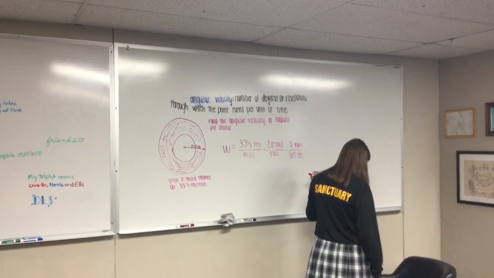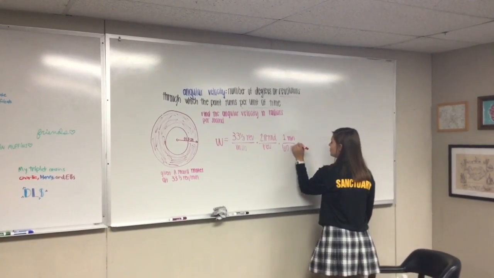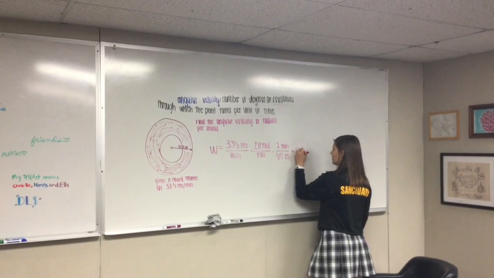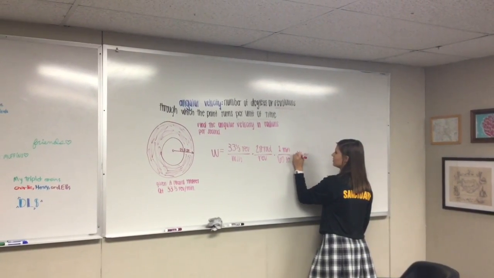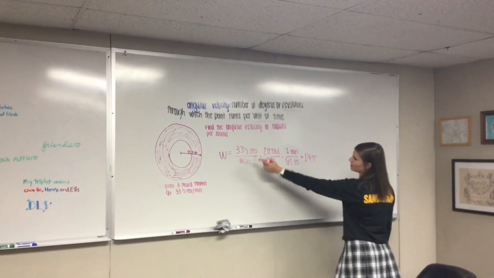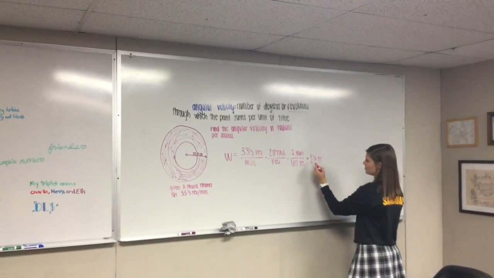And that will get you to 1 1/9 pi radians per second, which is what the angular velocity is in radians per second.